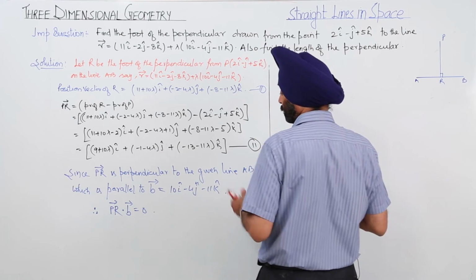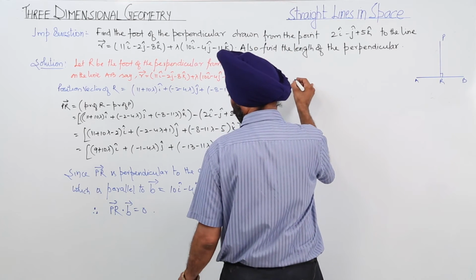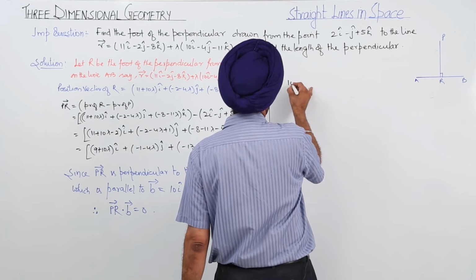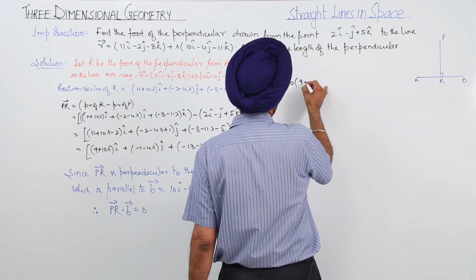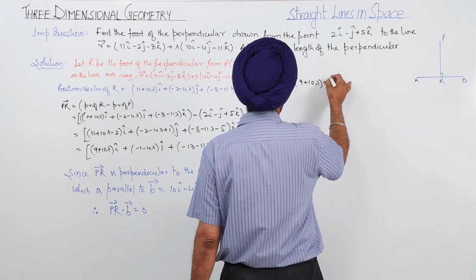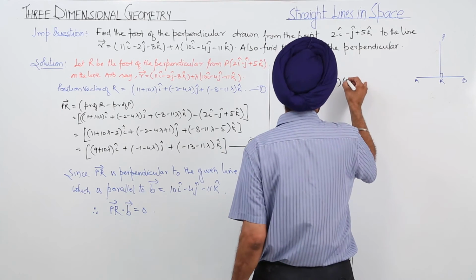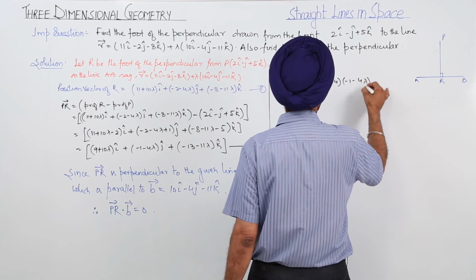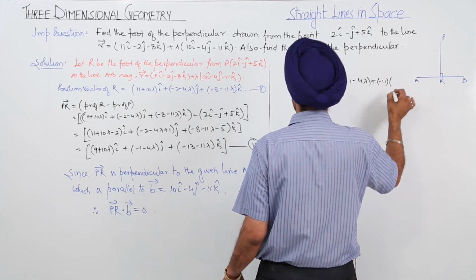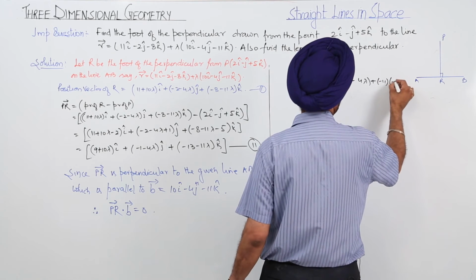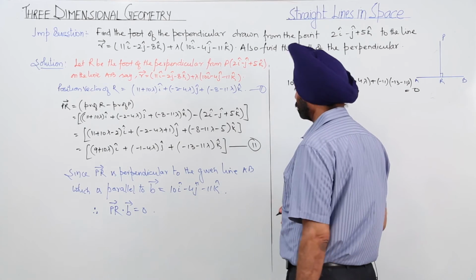Now we are having 10 with 9 plus 10 lambda plus minus 4 with minus 1 minus 4 lambda plus minus 11 with minus 13 minus 11 lambda is equal to 0.